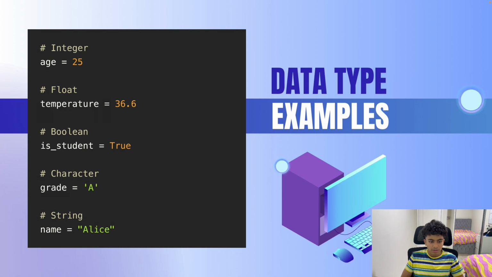And then for floats, it will know it's not an integer because it has a decimal point. And also for booleans, some might wonder why booleans are not recognized as strings, because it's a sequence of characters. Well, that's because it's not between single quotes or double quotes.